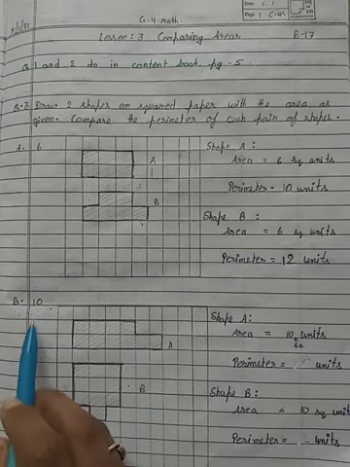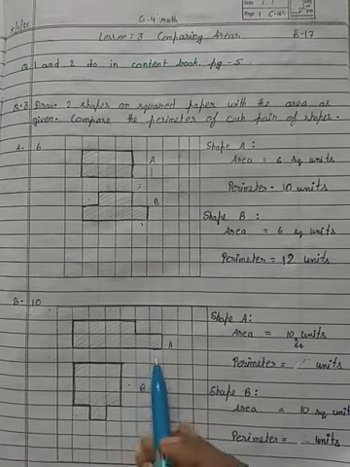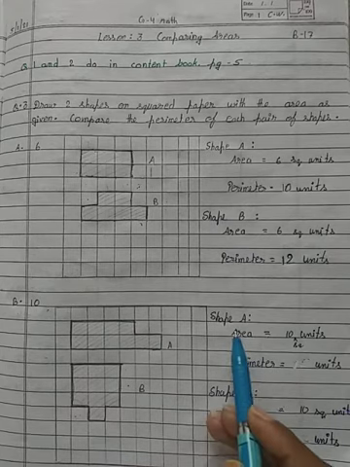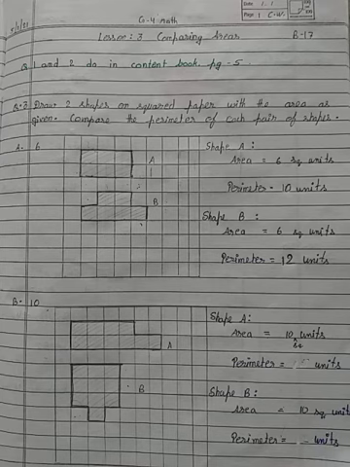In this we have area 10 in shape A and shape B. In both shapes we have an area of 10 square units and we have to find out the perimeter. Let's find out.